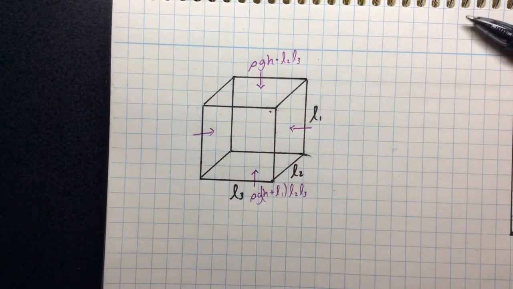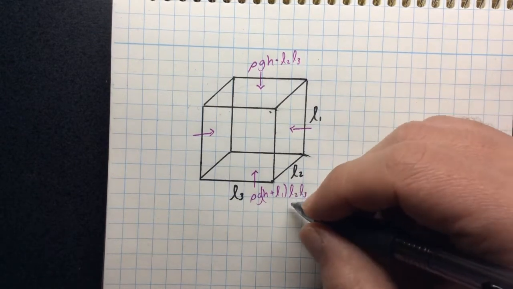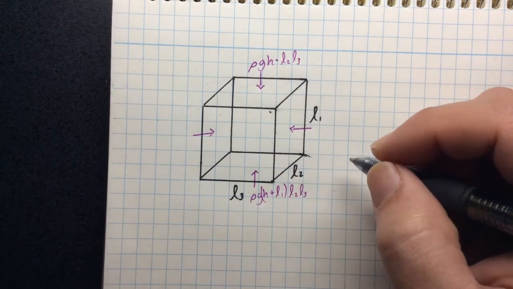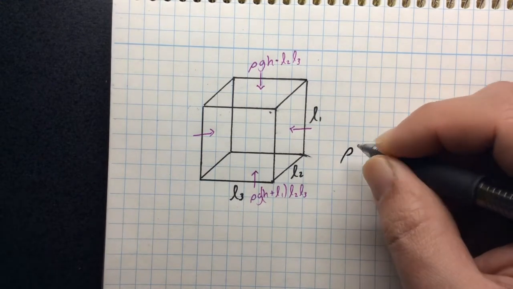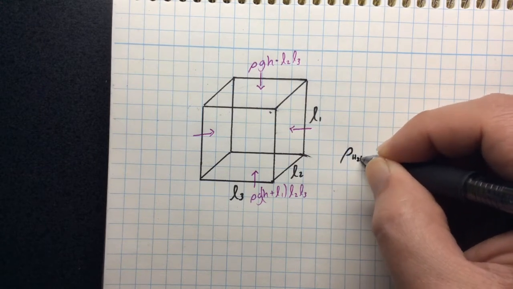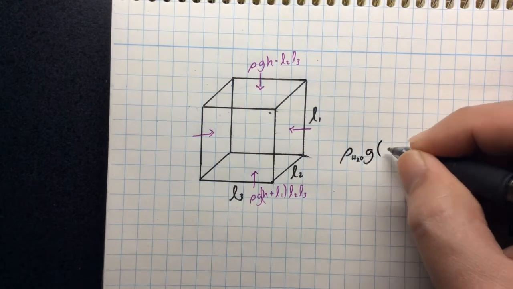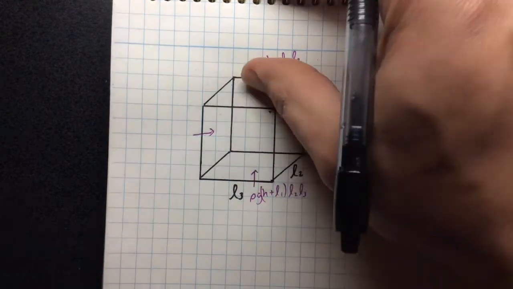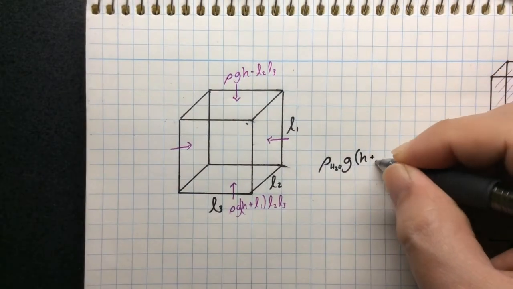So essentially what we're looking at is, once again, this. We are looking at the force on the bottom and the force on the top. I'm going to call the force on the bottom positive, and so I'm going to say that force on the bottom is rho. Which rho is this? This is the density of the water times g times h, which was the depth. I don't know what depth we are, but it's whatever depth, plus L1.